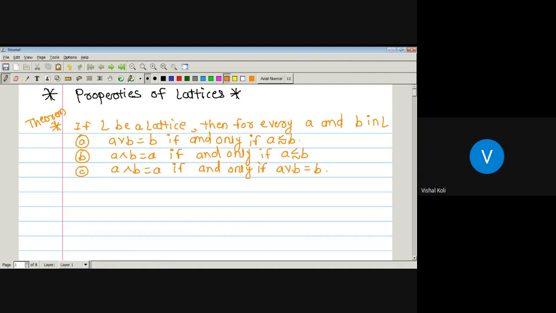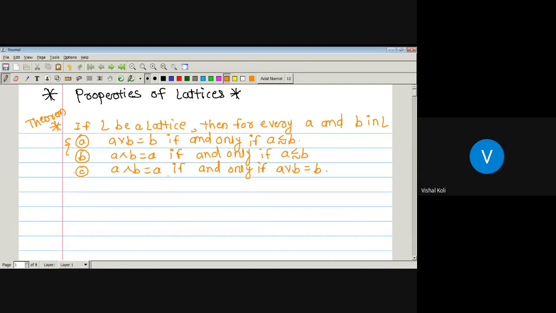If we prove the first one, a join b equals b if and only if a precedes b, then the second will be obviously true similarly, and from the first one the second will follow. If the first two are true, that is, a join b equals b whenever a precedes b, and a meet b equals a whenever a precedes b, and the converse also, then combining the first two properties, the third one will be obviously true.